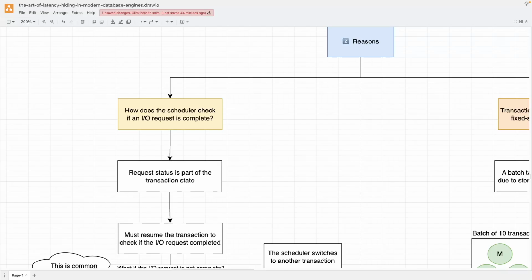So keeping track of 20 transactions, in the sense, have they got the data they wanted from memory or have they got the data they wanted from storage, is not a heavy operation. The data structure also is quite small. You can think of it as an array of 20 elements, and the worker just has to consult that array every single time to see if the coroutine is ready to run or if it's still waiting for some data to come in. Let me know if that answers your question.